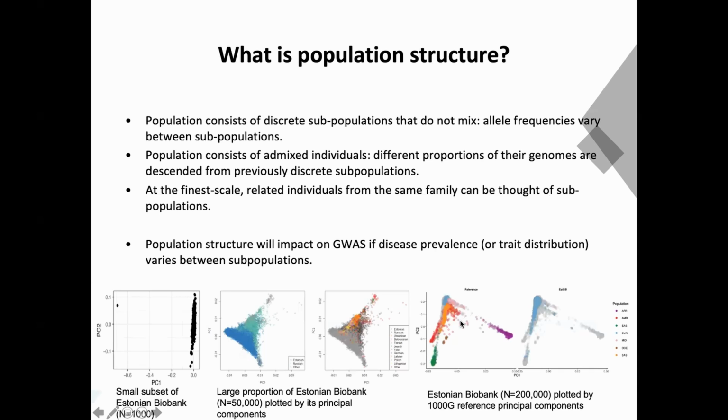If we plot Estonian data using those principal components, we see that most of the Estonians seem to be Europeans, but there are some individuals who have Asian origin and also some individuals who have African origin. So again, we either want to use that information in our analysis, or we may want to remove some of the individuals from the analysis, just to be sure that we won't create wrong associations.